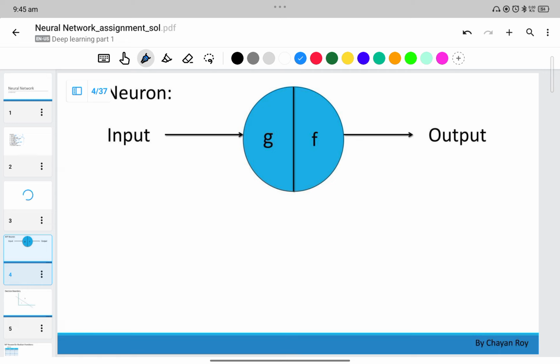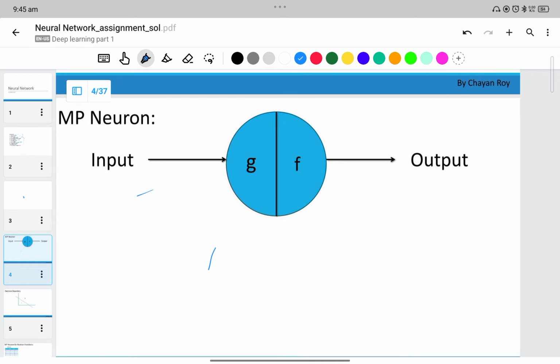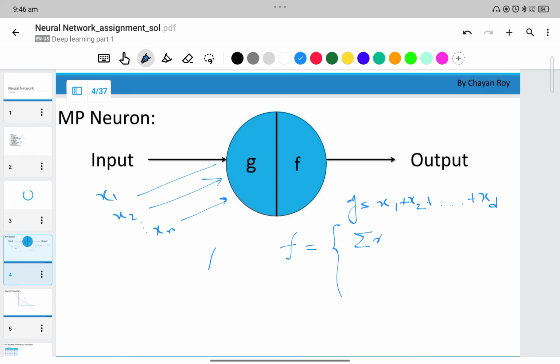So in this MP neuron, we have many inputs, let's say x1, x2, up to xn. We can see G as the summation of x1, x2 up to some dimension xd, and F is such that whenever the summation of x, that is G of x, is greater than or equal to some cutoff theta, we call it y equals 1.